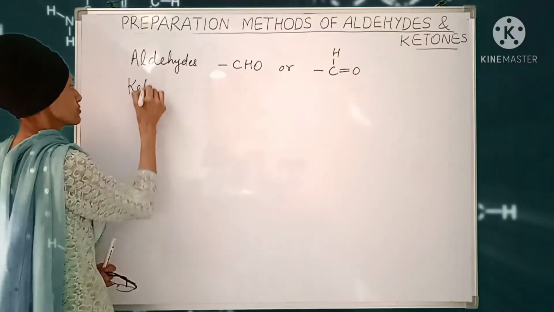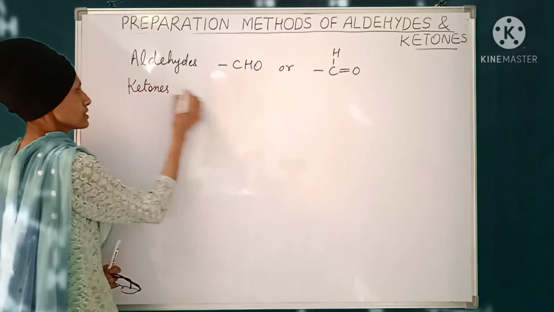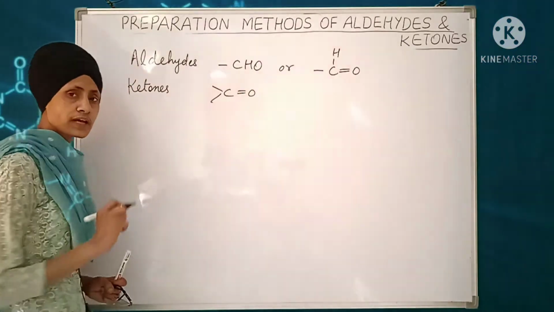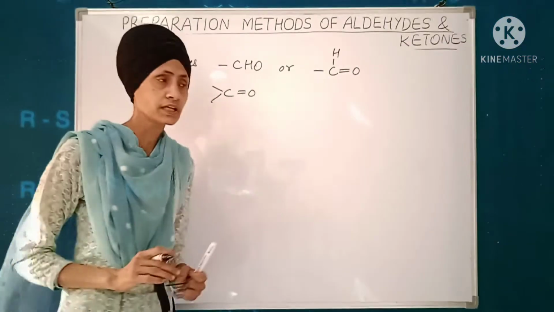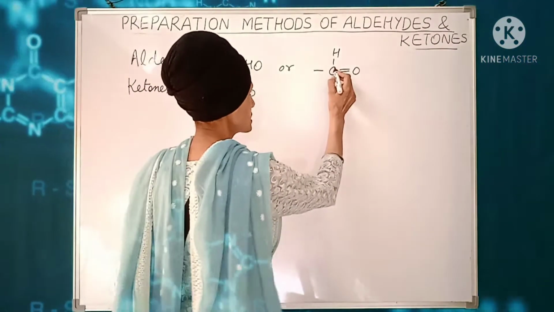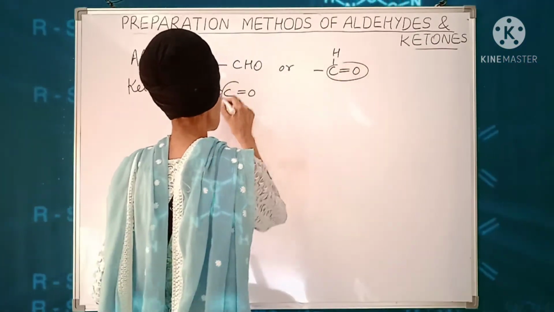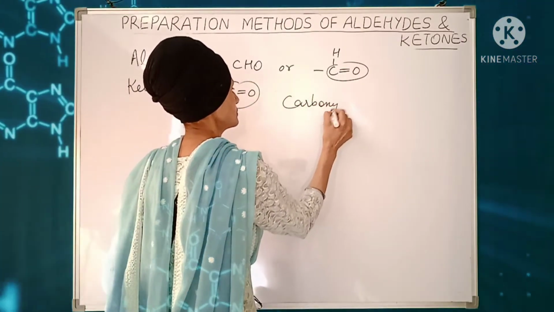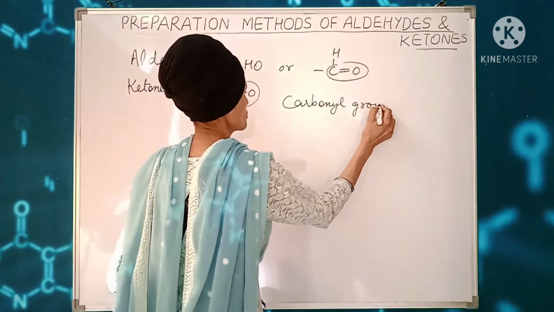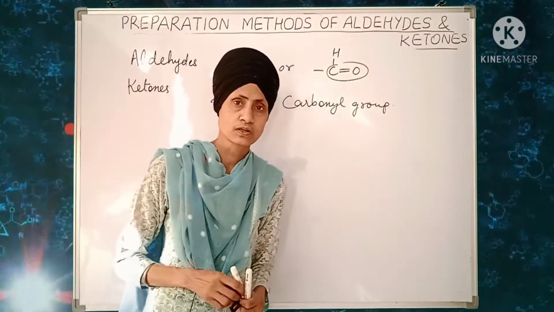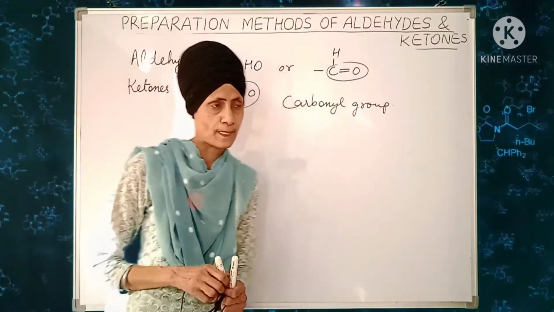And in case of ketones, the functional group is C double bond O. So you can see that both in aldehydes as well as in ketones, there is C double bond O, which is called the carbonyl group. Due to the presence of the carbonyl group, the reactions of aldehydes and ketones are mostly common.